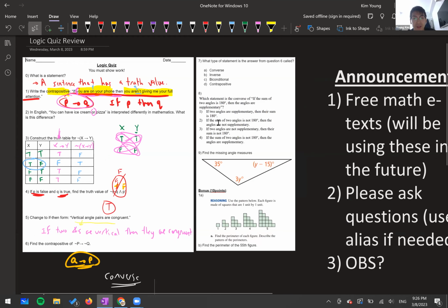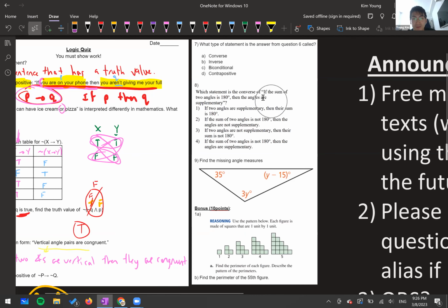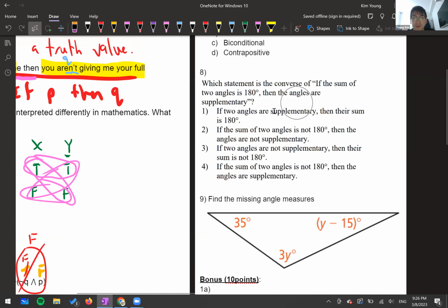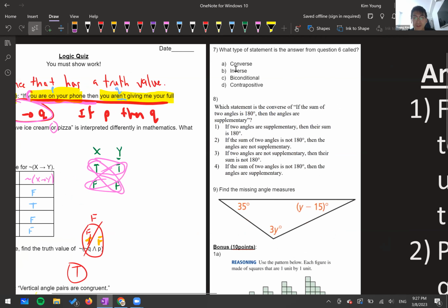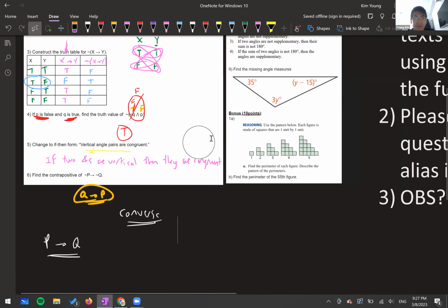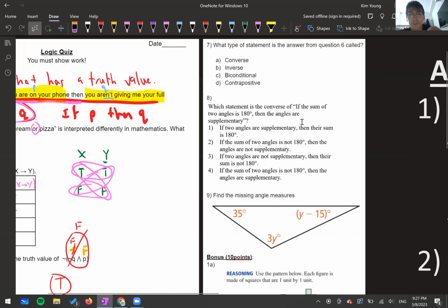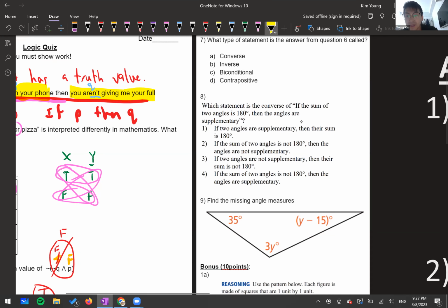Number 8, which statement is the converse of the statement they just gave? If the sum of 2 angles is 180, then the angles are supplementary. Well, from number 7, we said that the converse is Q implies P. So here it's the same thing. You identify the P and the Q, and then you swap them. The P appears right after the if, so the P is the sum of 2 angles is 180. The Q is the conclusion, and that appears right after the then.